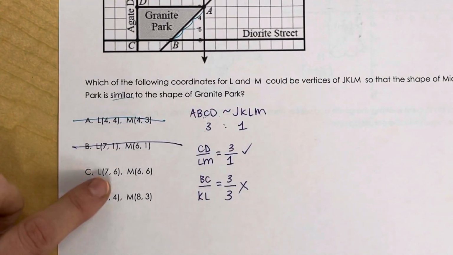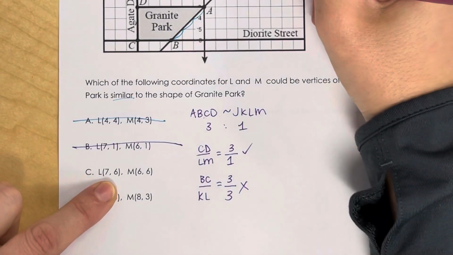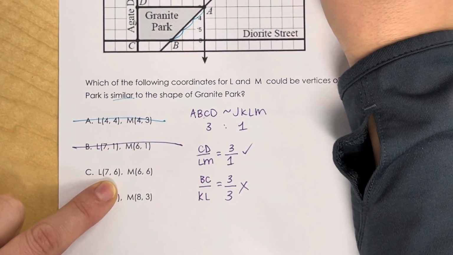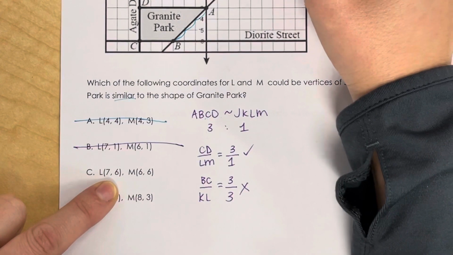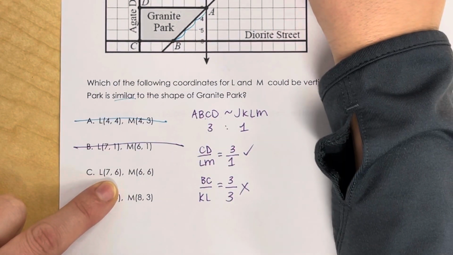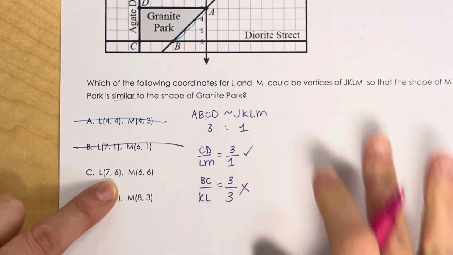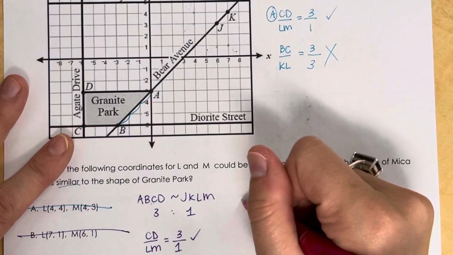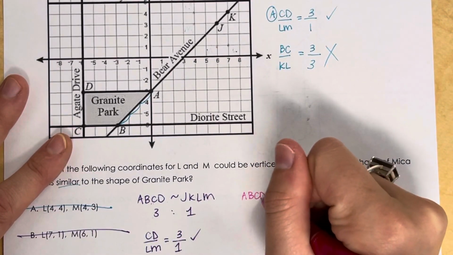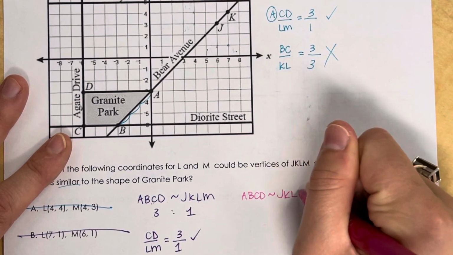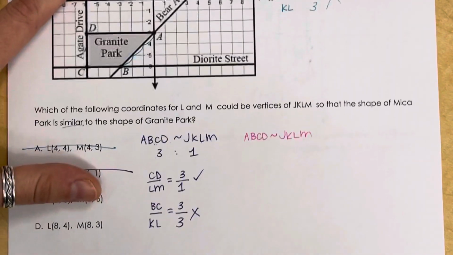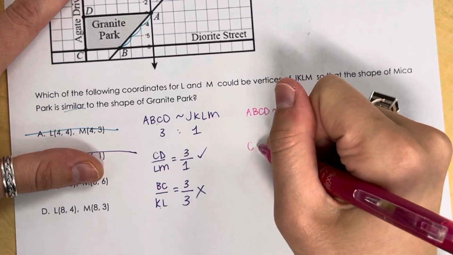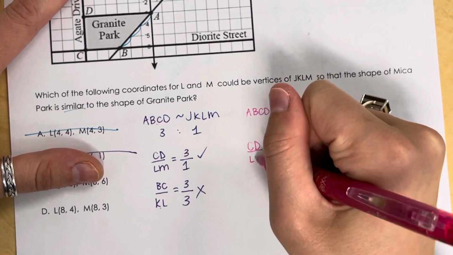So letter C is at 7, 6, 4, 5, 6. And then M is at 6, 6. All right, same thing. I'm going to rewrite A, B, C, D, J, K, L, M. Okay, so notice that these are not changing, like what parts are matching, but what is changing is just my numbers each time.